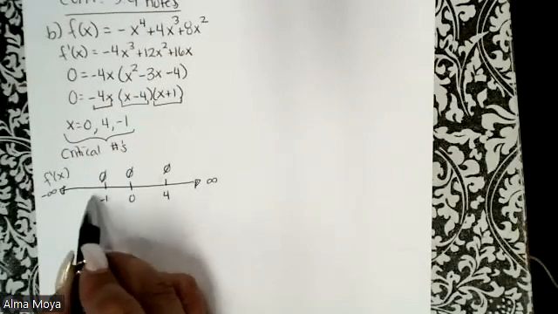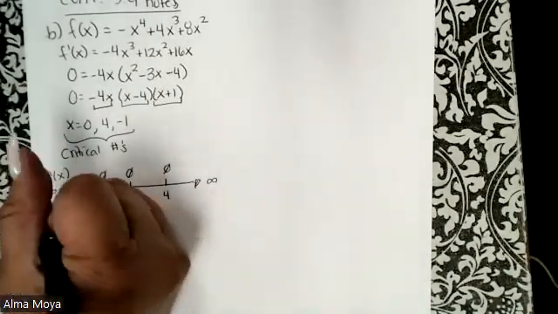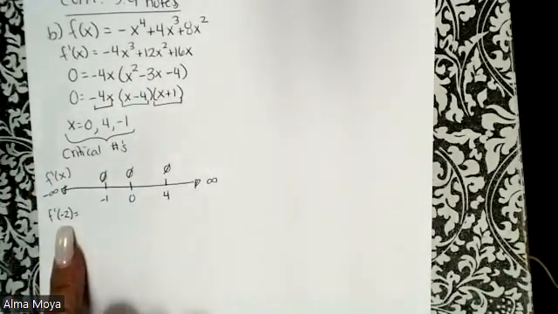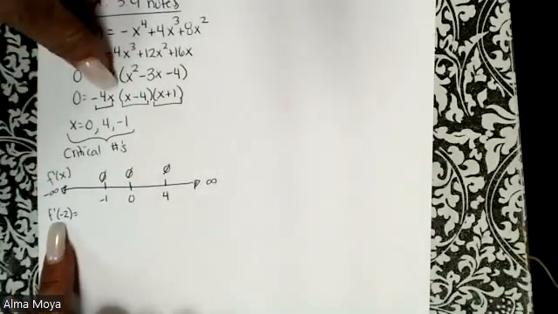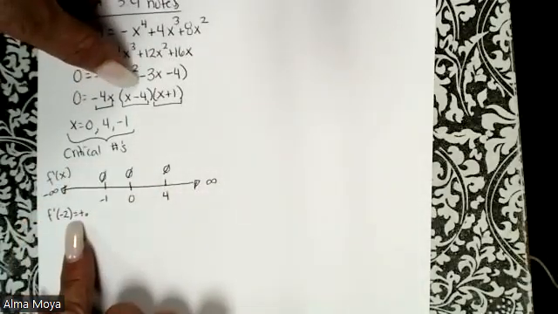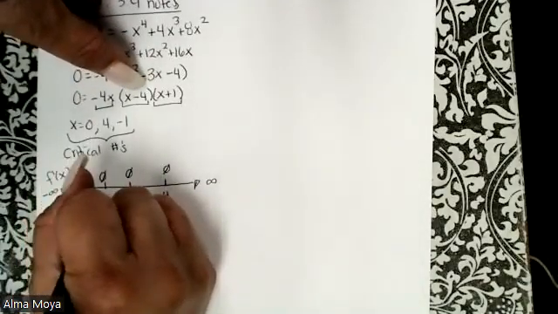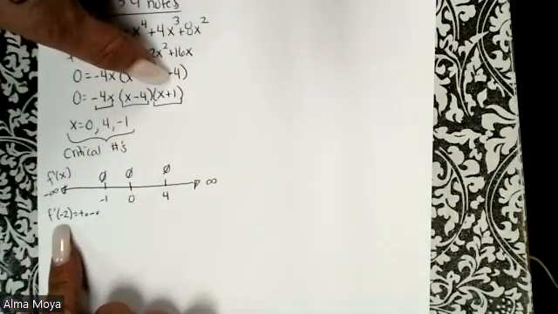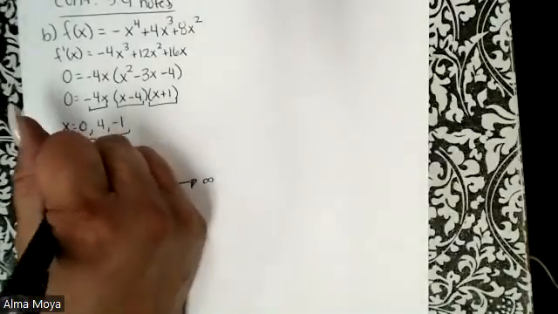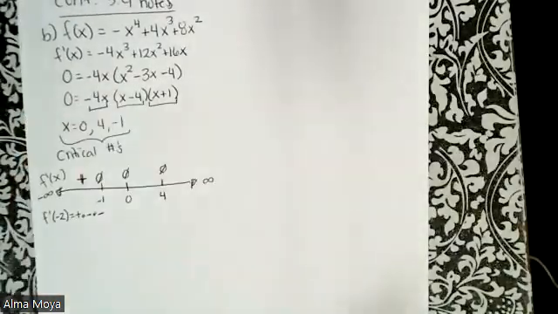So let me plug in like a negative 2. A negative number times a negative number is going to give me a positive. Negative 2 minus 4 is negative 6, so that's negative. Negative 2 plus 1 is going to be a negative. So when you multiply a positive, negative, negative, that's going to give me a positive in this region.